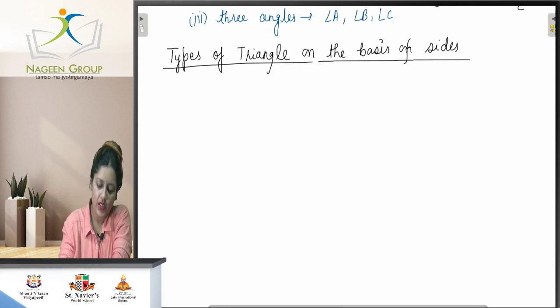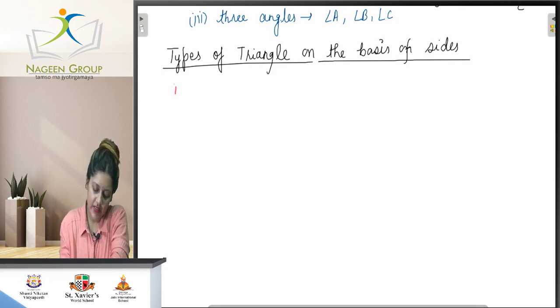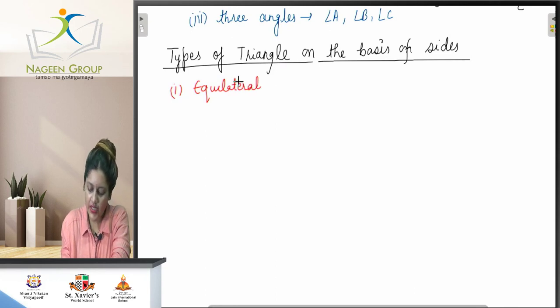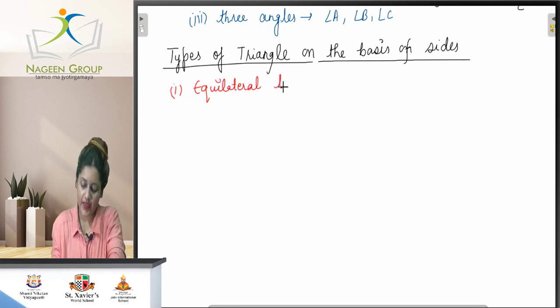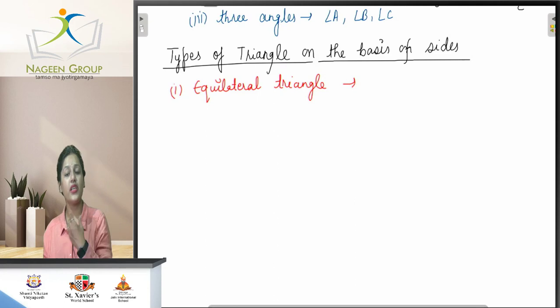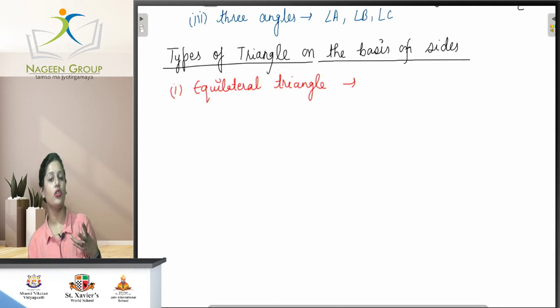So, first one is the equilateral triangle. On the basis of sides, this is a classification, which means it mainly depends on the sides.